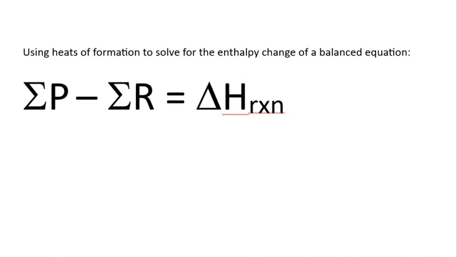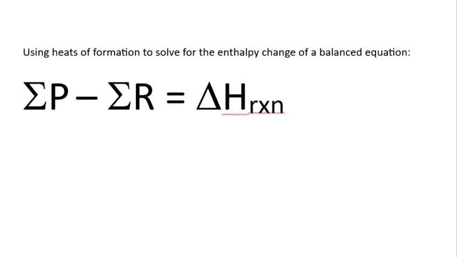We're going to be using heats of formation. So a minute ago, I was talking about how to make a hammer. Now I'm talking about how to use a hammer. Completely different. So before I was telling you how we come up with delta H of formation, and they use elemental forms. Now we're going to use those known values that we can look up in an algebra equation to figure out the delta H of some other chemical reaction.